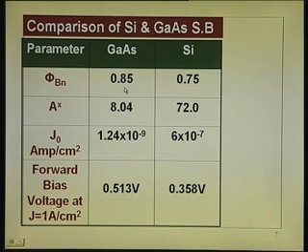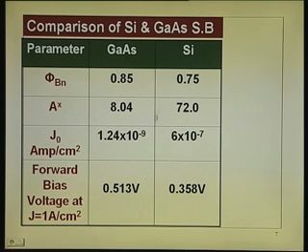You have a higher band gap, so higher phi BN, because it is closer to 2/3. So, here it is 0.75. That makes the J naught smaller here compared to silicon. Also A star, because of the smaller effective mass, 0.067 compared to 0.6 in silicon, this is 8 and this is 72.